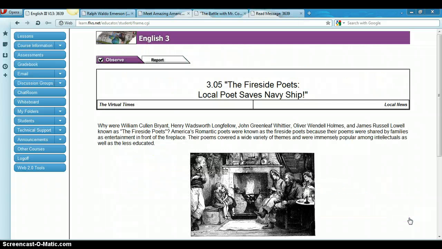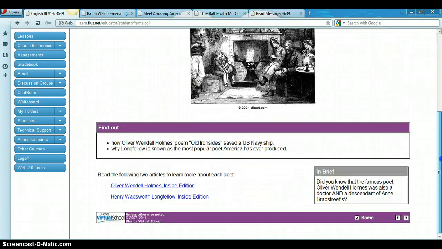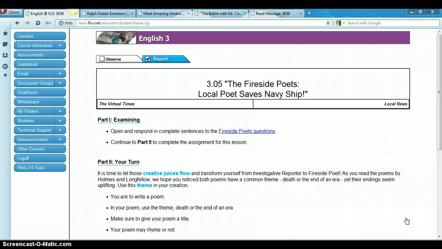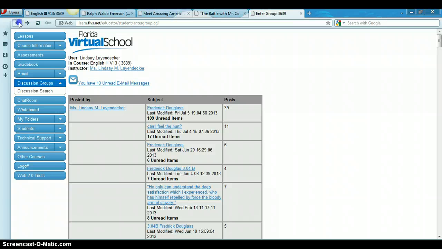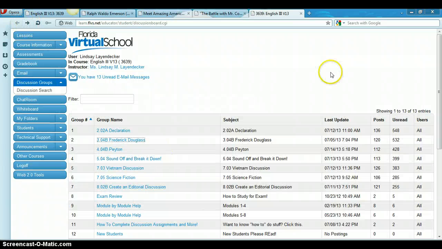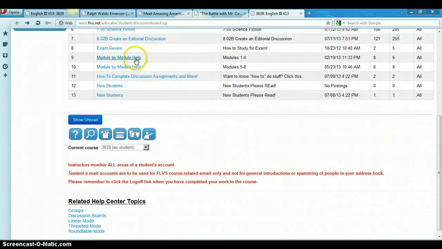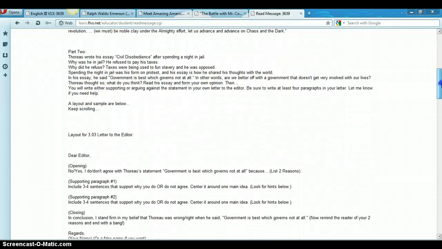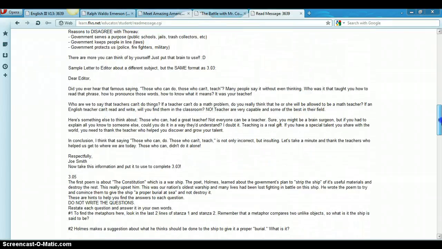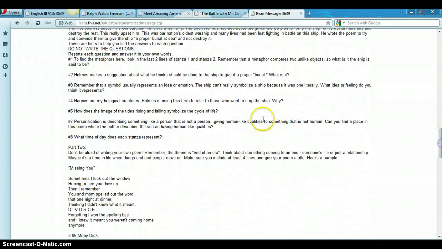305 has to deal with poetry. You are going to read these 2 poems and then respond to the questions. After that, you are going to write your own poem. Now, there's also really wonderful help for this in discussion groups. So don't forget to go to module by module help, open up module 3, scroll down, and 305.